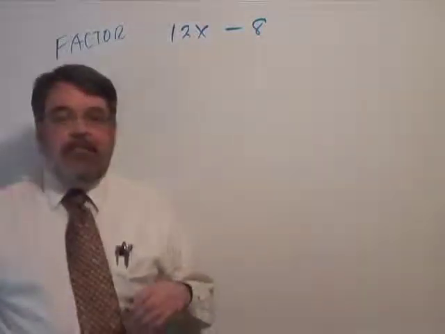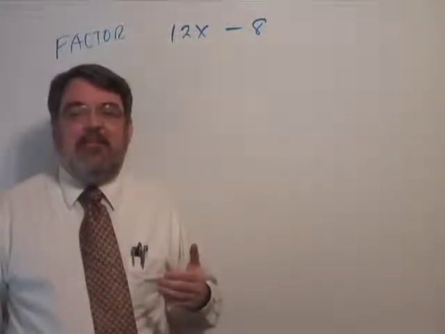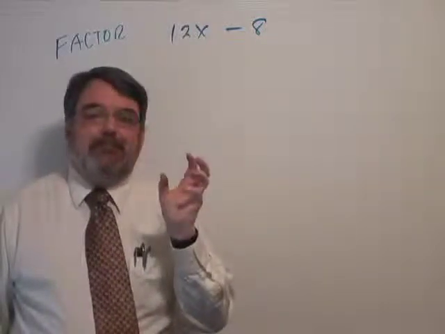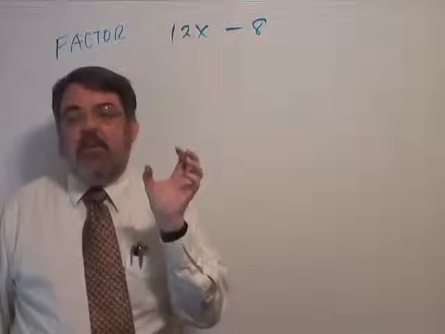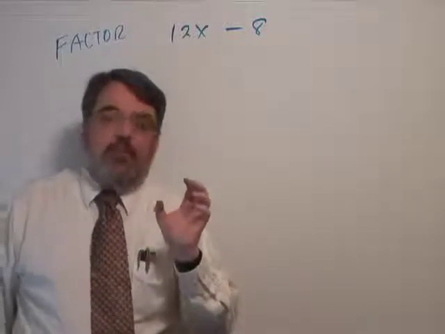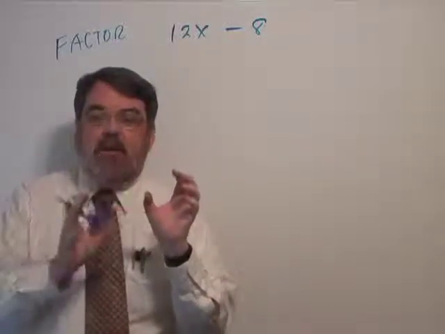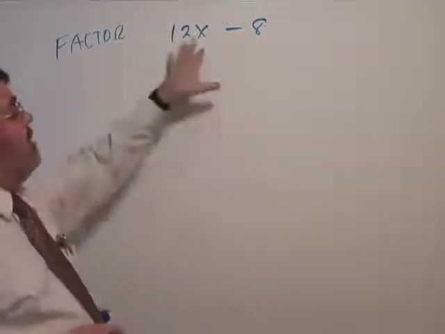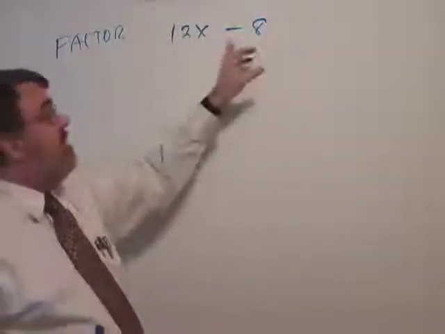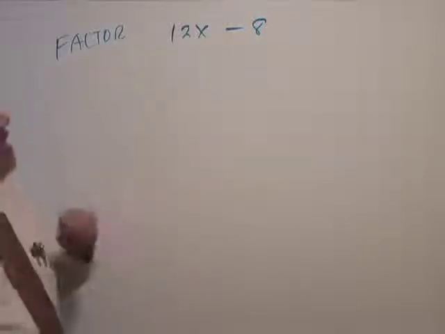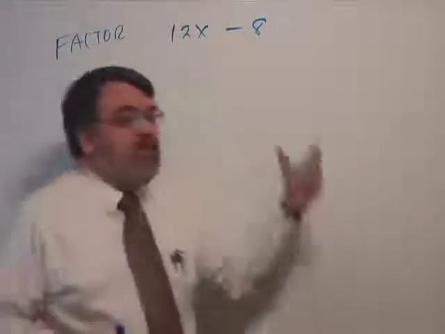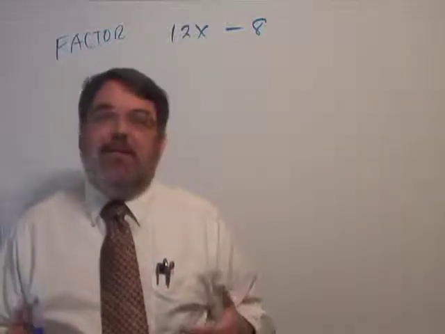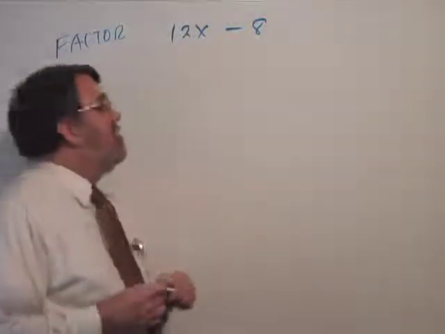I should tell you that in algebra, a term is a piece of an equation or an expression that is separated from everything else by either a plus or minus sign. So here we have two terms, 12x and 8, separated by a minus sign. Because it's a polynomial, we could also call it a binomial, a two-term polynomial.